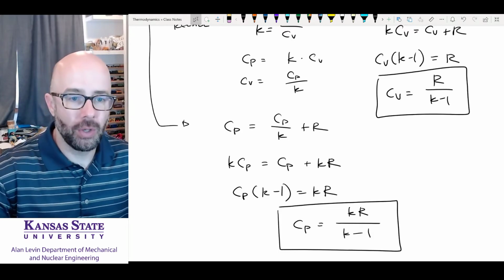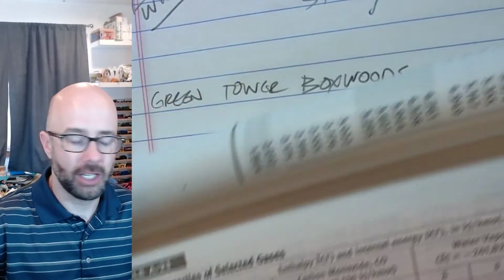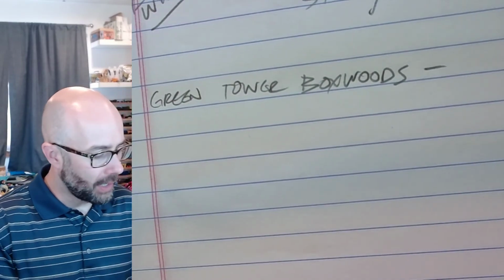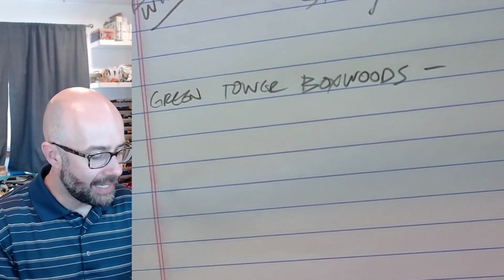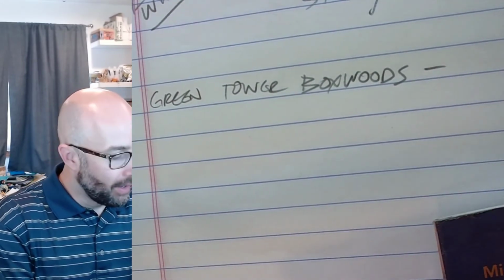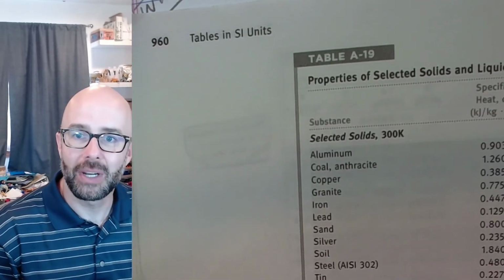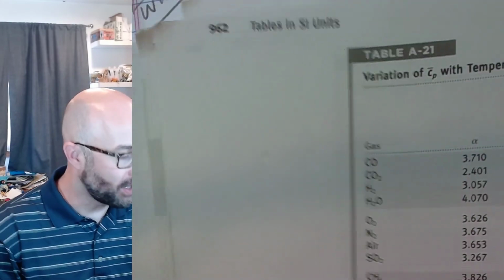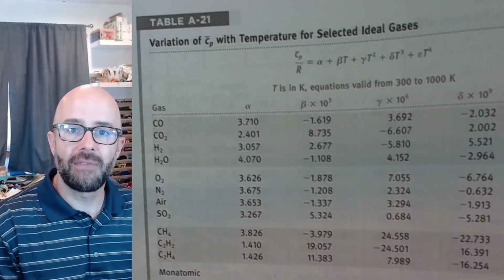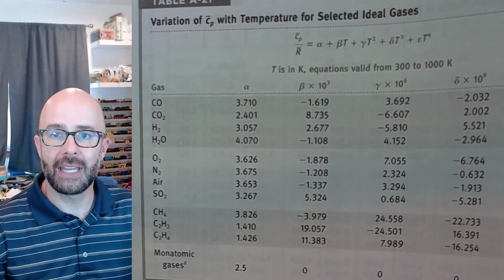Now, I want to show you this thing that I talked to you about a couple lectures ago, table A19. You see green tower boxwoods. I'm trimming some stuff outside my house. Green tower boxwoods. Table A21, sorry. Table A21. This is the variation of C sub p for selected ideal gases.